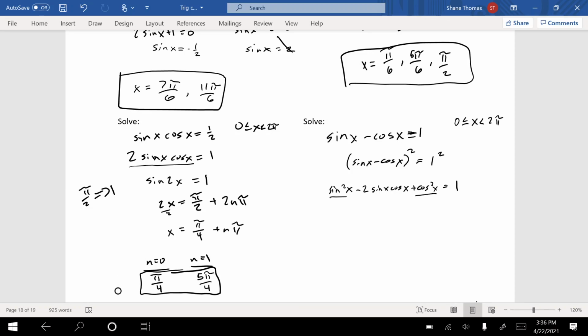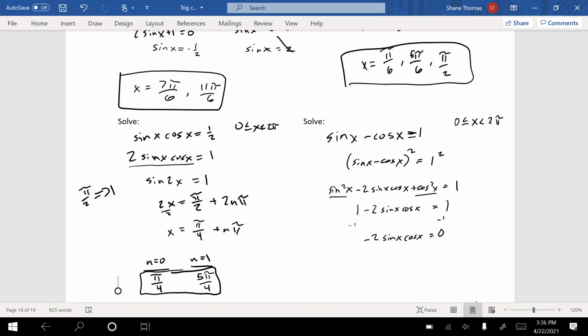Well, sine squared of x plus cosine squared of x is equal to 1 based off of our Pythagorean identity. So I have 1 minus 2 sine x cosine x. That's equal to 1. I like where this is going now, because now I subtract this 1 over. I have negative 2 sine of x cosine of x equals 0.